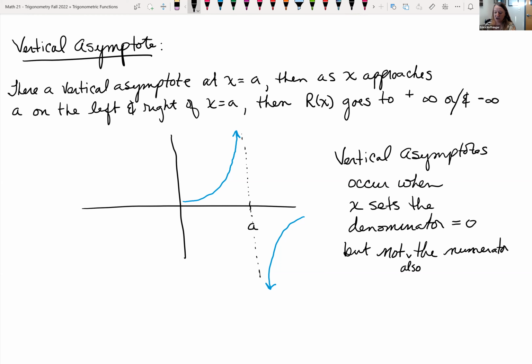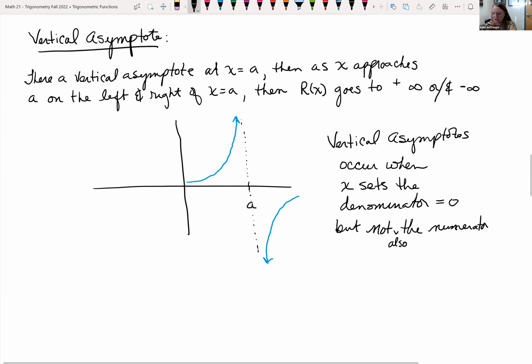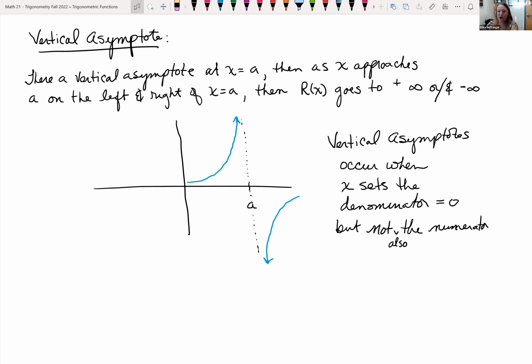So if we looked at our trigonometric functions and we wanted to find our vertical asymptotes, well, sine of x and cosine of x, that is over 1. There's no value that sets 1 equal to 0. But our other trigonometric functions, for instance, if we had f of x equal to secant of x, this is the same thing as 1 over cosine of x.